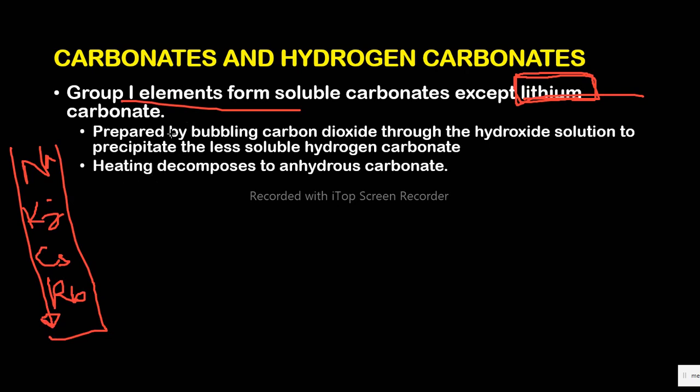Therefore, since they are stable enough, how are we going to prepare them? Unlike the group 2 carbonates, we shall prepare them by bubbling carbon dioxide through any hydroxide solution.